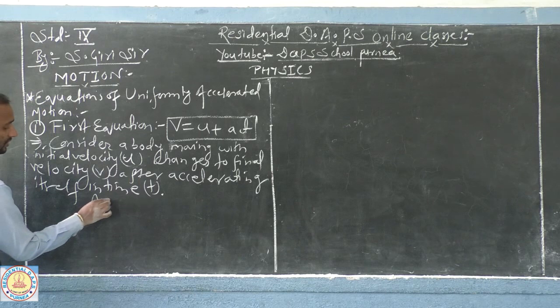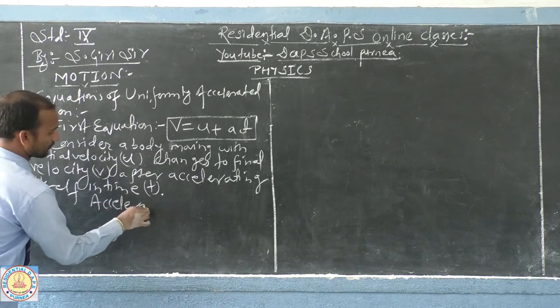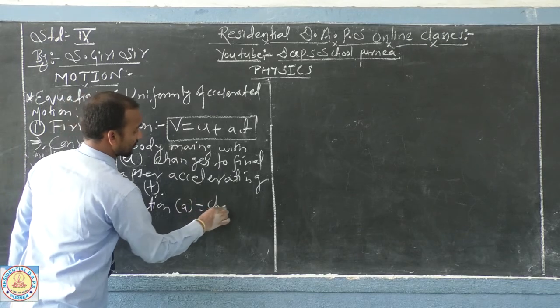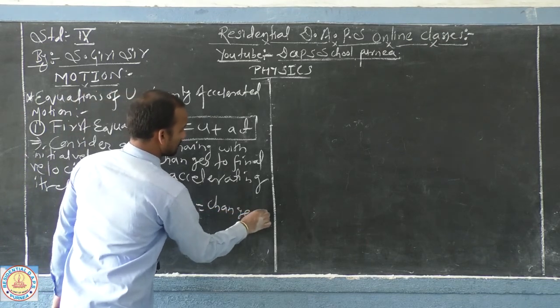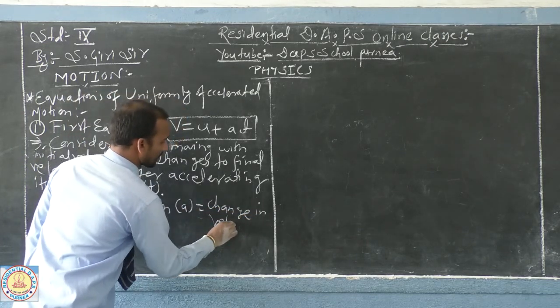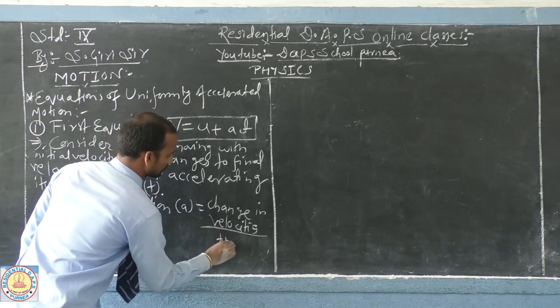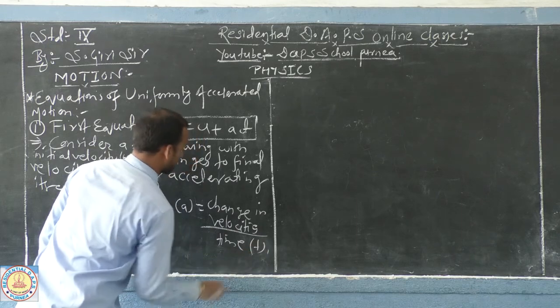We know from the formula of acceleration, a equal to change in velocity divided by time t.